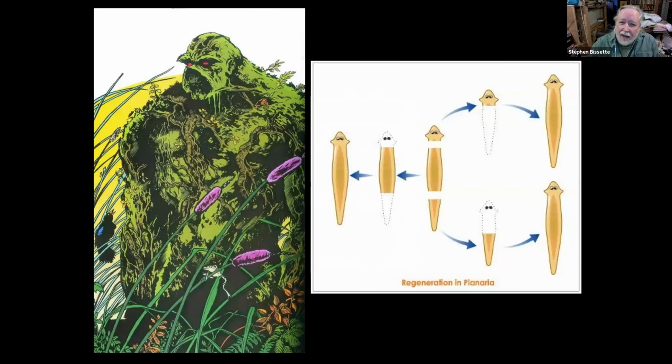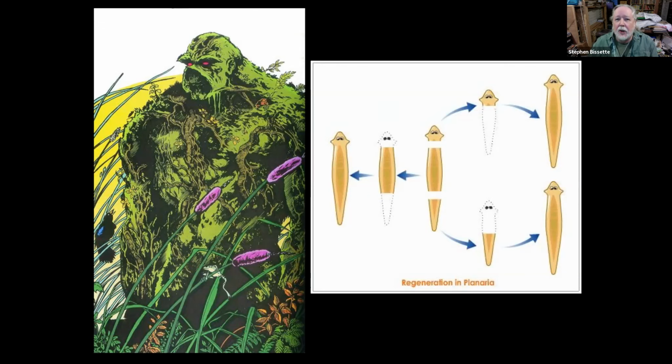There's also an aspect of reanimation in Swamp Thing that ties into the very curious science of planaria worms. Early in our run, in the first issue that Alan Moore scripted, which John Totleben, myself, and Rick Veitch penciled and inked working together as a team, Alan introduced the idea of regeneration in planarian worms as a metaphor for why Swamp Thing became Swamp Thing.